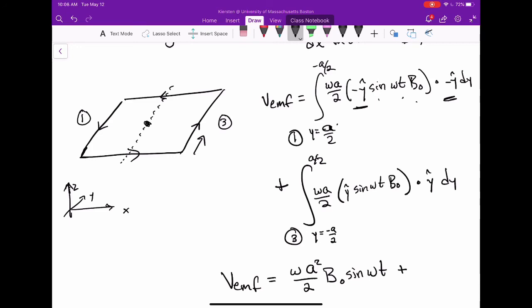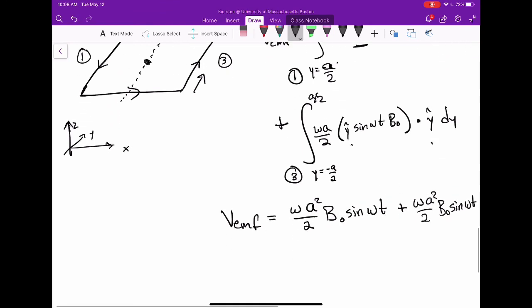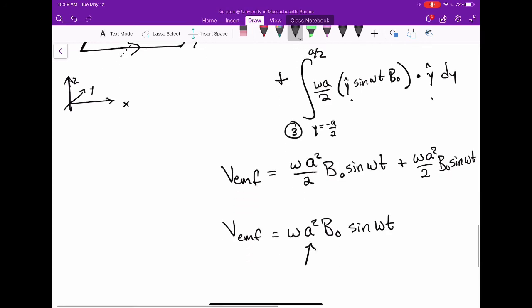Plus, well, this one works out the same way. We do this dot product. We integrate from minus a over 2 to a over 2 along y, a bunch of constants, plus omega a squared over 2 b naught sine omega t. So VEMF becomes omega a squared b naught sine omega t, where that a squared is the area of the loop.